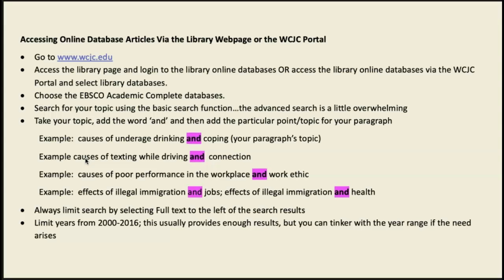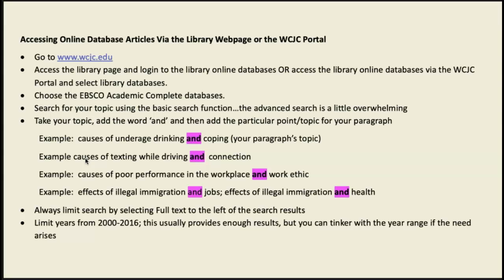If the topic for the paper is the effects of illegal immigration, and one of the effects is jobs, all right, you have your subject for the paper and one of your body paragraph points. Maybe another point or effect of illegal immigration is health. So effects of illegal immigration AND health.